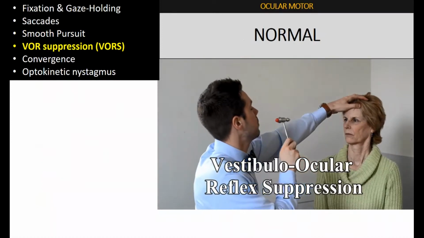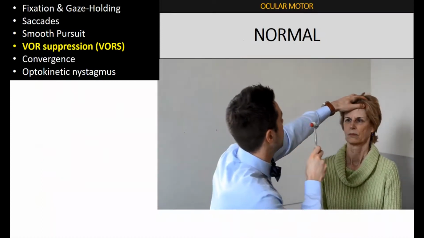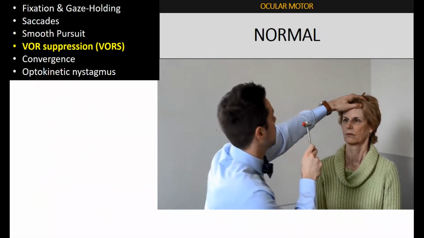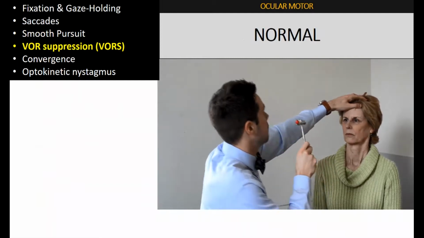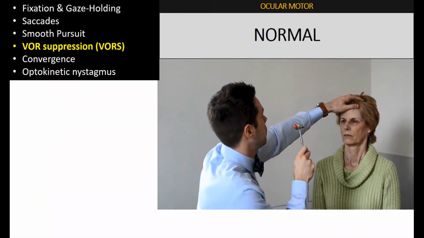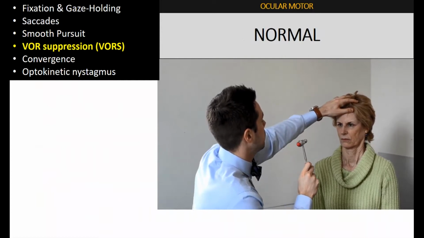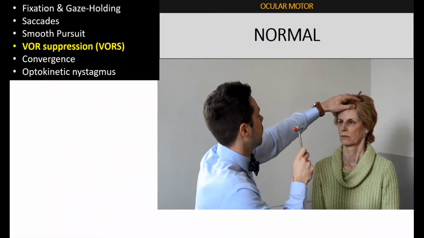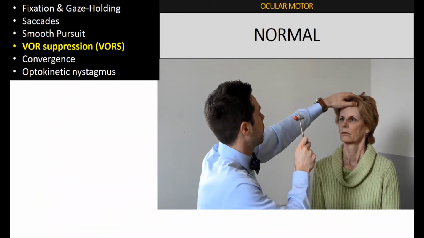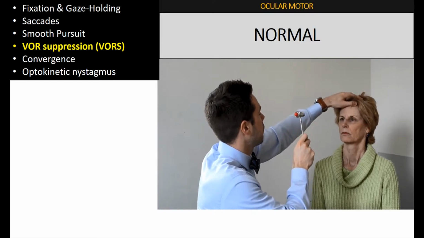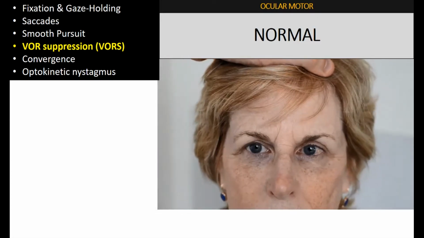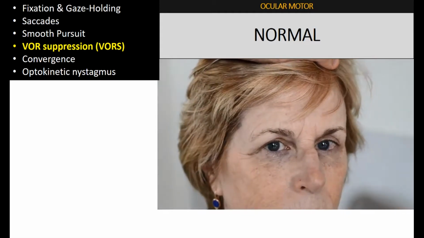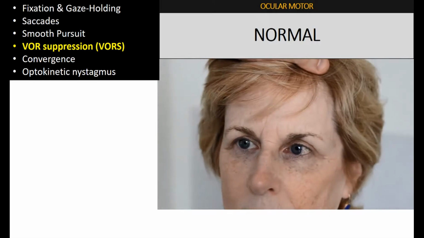This is an example of asymmetric pursuit and vestibulo-ocular reflex suppression. In the last example, a patient with an idiopathic cerebellar neurodegenerative process, pursuit and VOR suppression were very choppy everywhere. In this situation, his pursuit is really choppy to the left. Pursuit to the right looks good. And VOR suppression is very choppy to the left, but not to the right. So to the left, saccadic. To the right, normal.